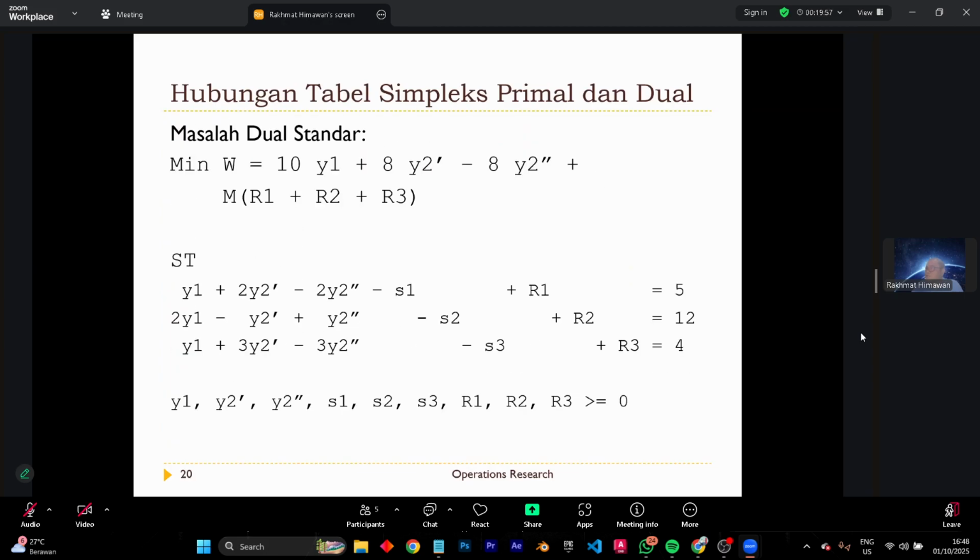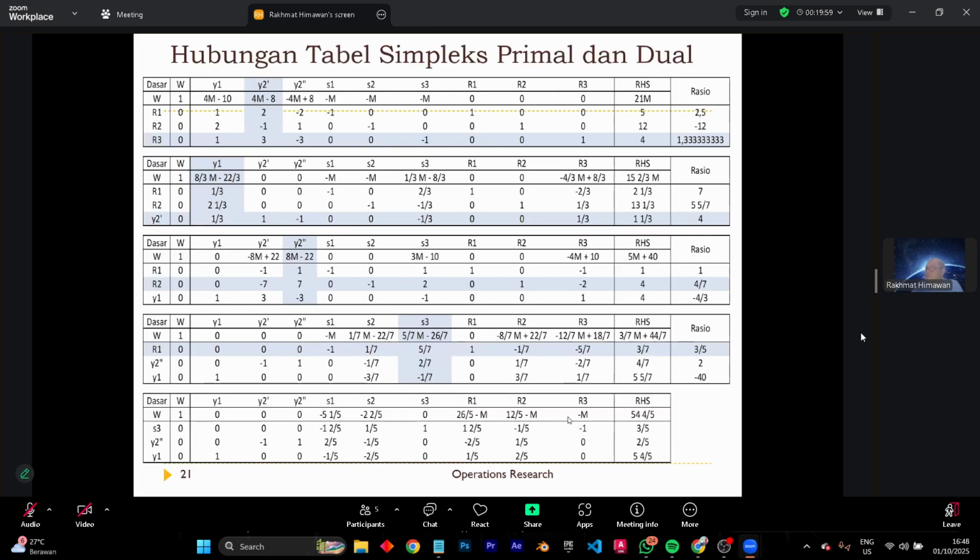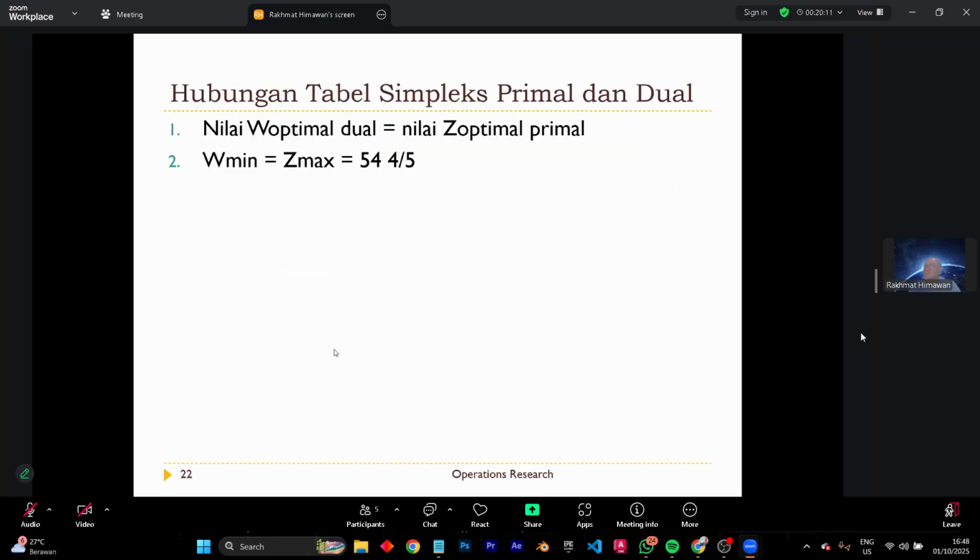With additional analysis, you will find out the x1, x2 and x3 based on the y. So this is it, the intro to duality.